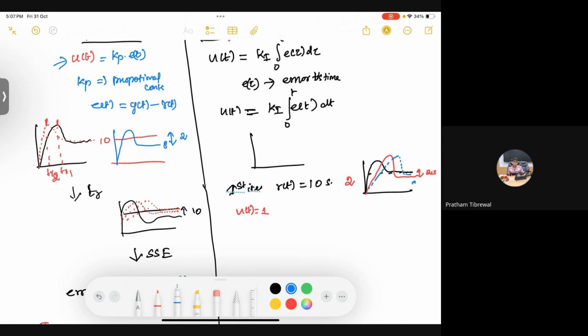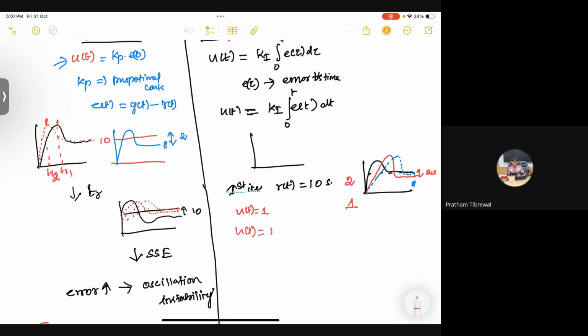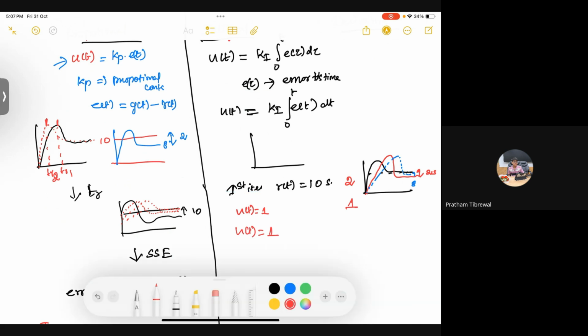Previously it was 8, now it was 9. So now the error is 1, right? Now the error became 1. In the next control action, I'm going to keep the control action as it is because there is not much change. So after the second iteration, I expect the system to work in a different way. It worked the same and came to the 10 seconds. So now the error becomes 0.